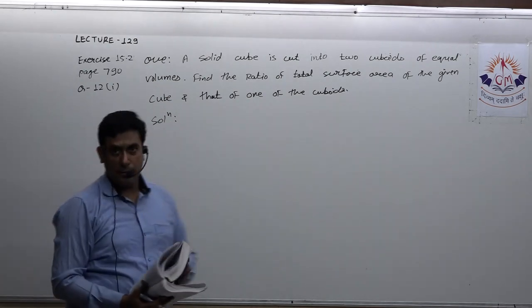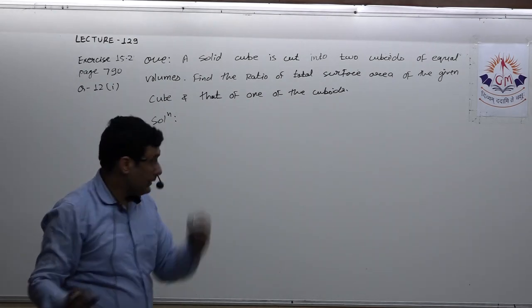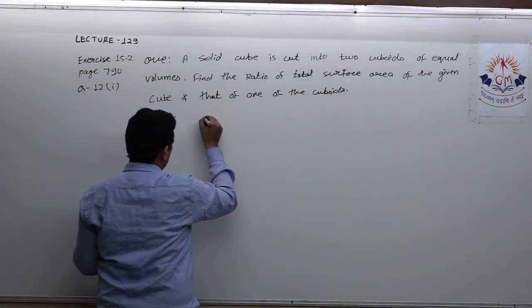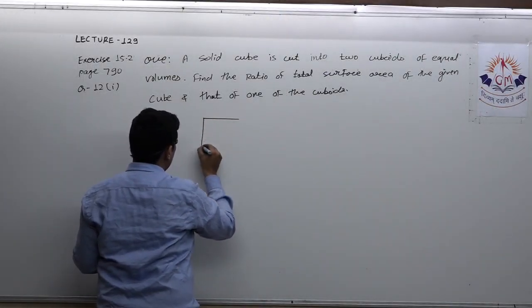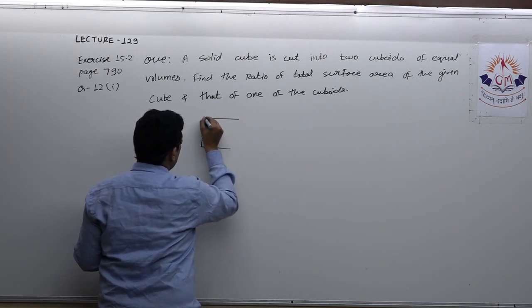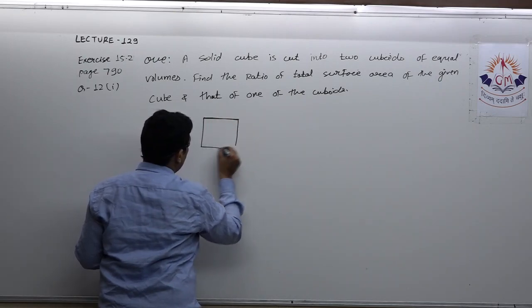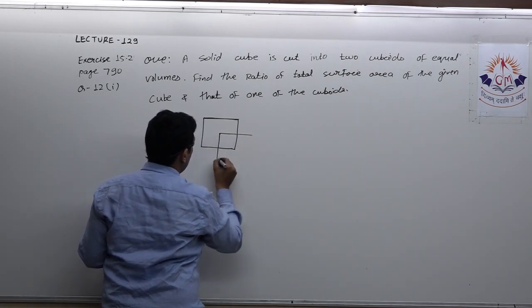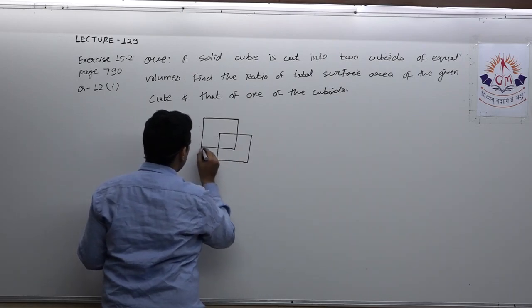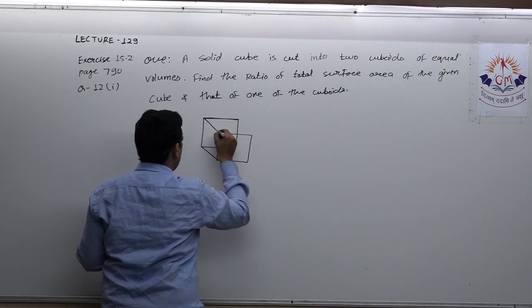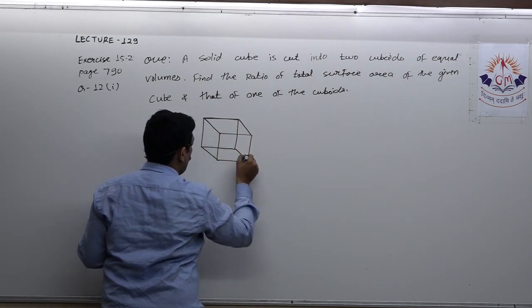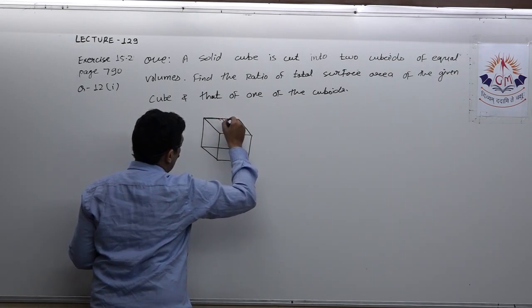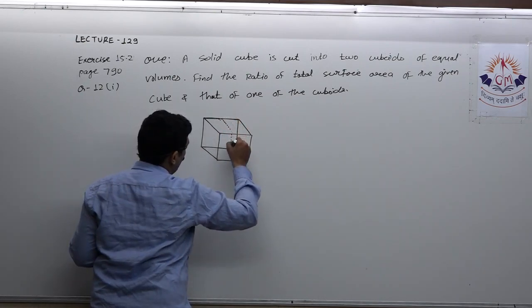Okay, there is a cube which has been cut into two cuboids whose volumes are the same. So let me explain one thing. This is the cube that we have. Now this has been cut into two cuboids of equal volume, something like this.